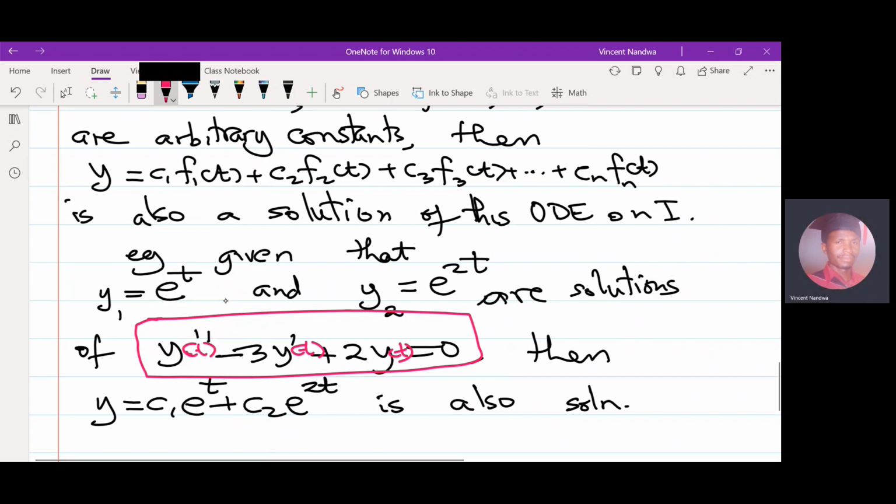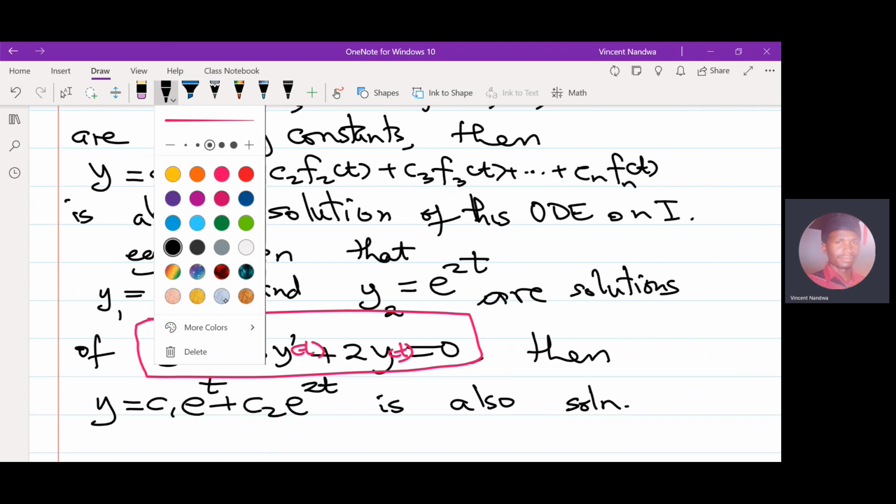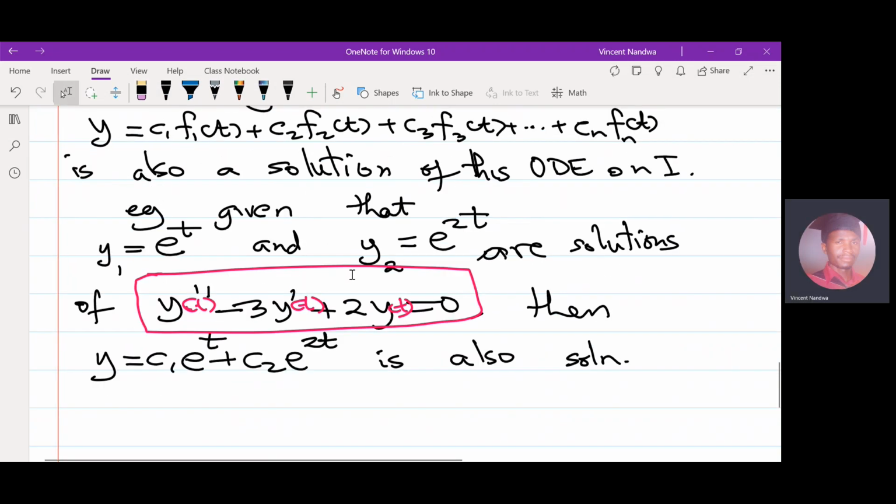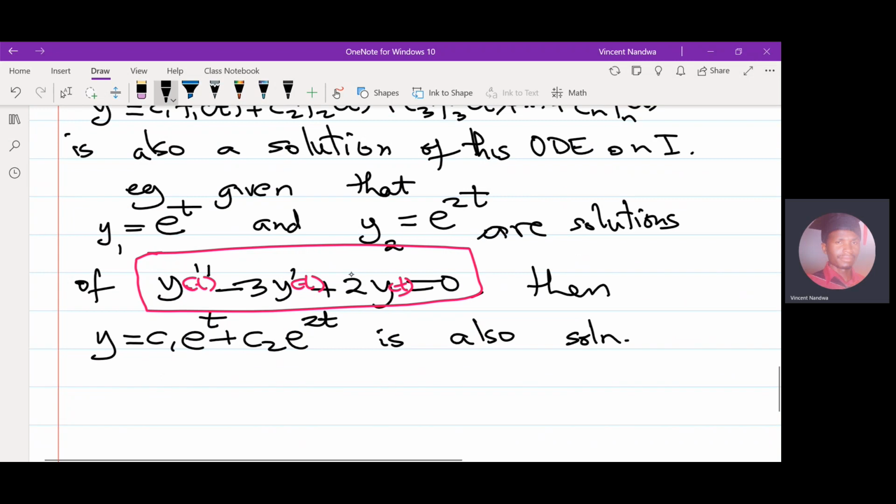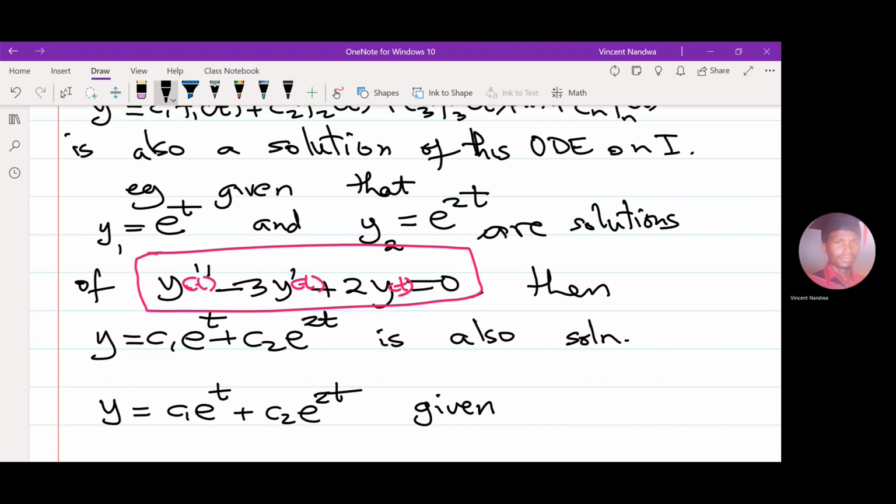Okay, good. So we can quickly confirm that. To say that y is a solution means that it satisfies that equation. So y is given by c1 e power t plus c2 e power 2t. This is what is given. So we have to find the first derivative and also the second derivative, and see that when you replace into the differential equation, the left-hand side will simplify to 0 as we have on the right-hand side.